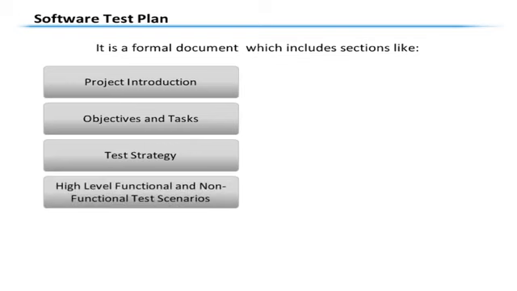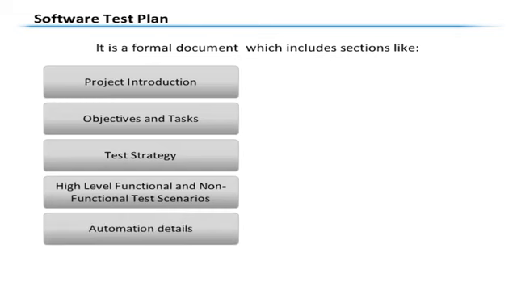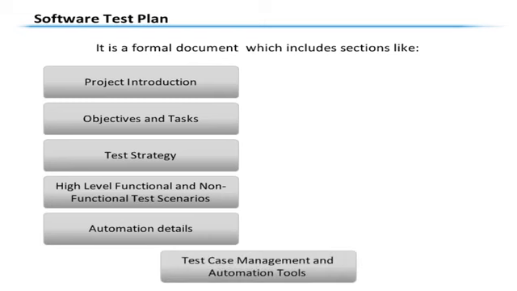The high-level functional and non-functional test scenarios include a brief introduction of the functional and non-functional test services, and also the automation details, which should include the need for the automation, resources like testing tools, and expertise needed for test execution. The next item in the test plan is the plan to manage the test cases during the testing phase.